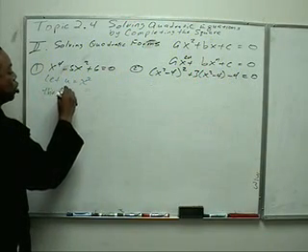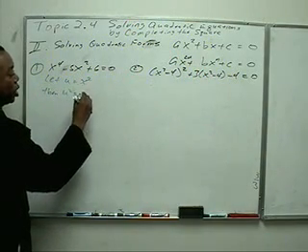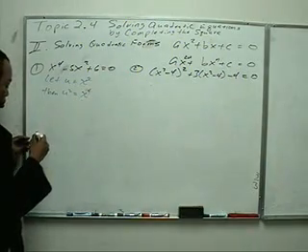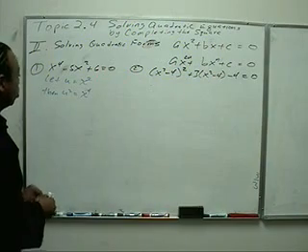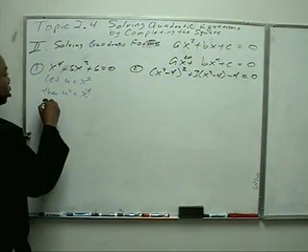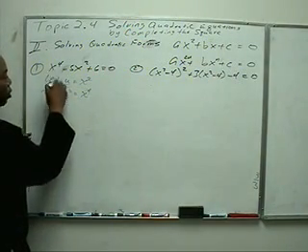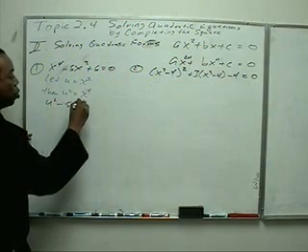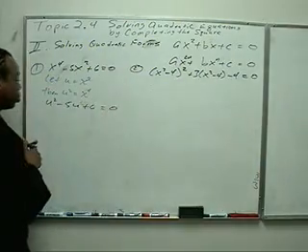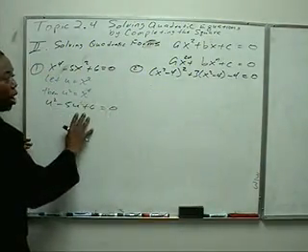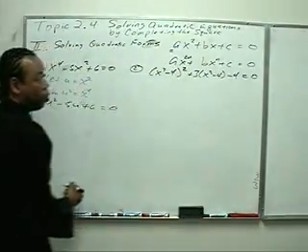Then u squared would end up representing x to the 4th. So this now becomes u squared for the x to the 4th, minus 5u plus 6 equals 0. And now we have the quadratic form.